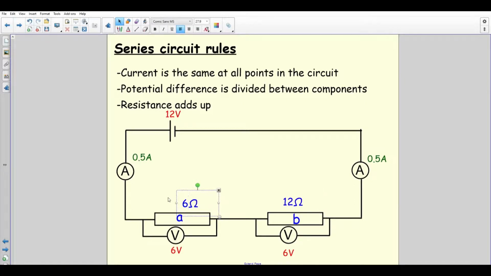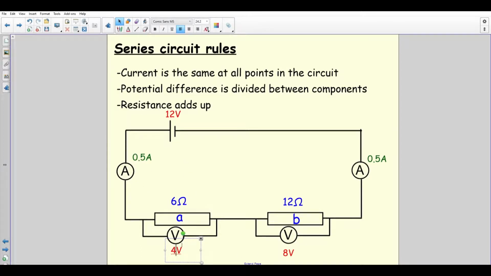Say if one of them was 6 ohms, and one was 12. Because one's twice as much as the other, the one with twice as much resistance will get twice as much potential difference. So in this case, this one would get 8 volts and this one would get 4, because we've still got to share the 12 out, but not equally.